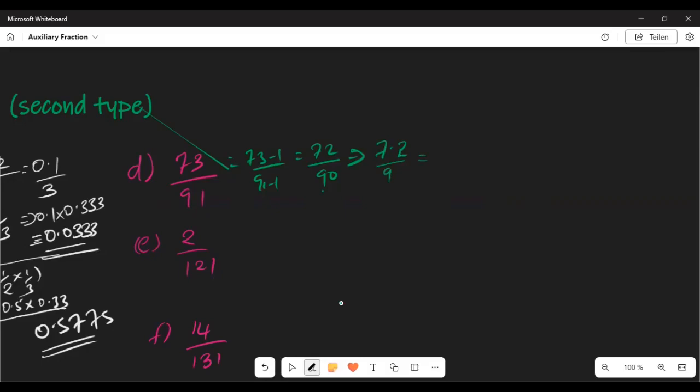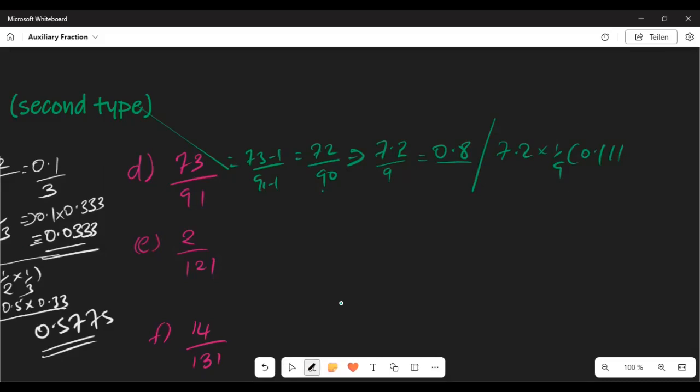Easily, I can see my answer: 7 goes here, so we have 0.8. Otherwise, I could have said, what is 7.2 times 1 over 9? I know 1 over 9 is 0.111.